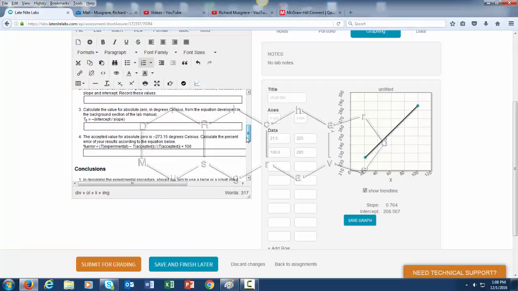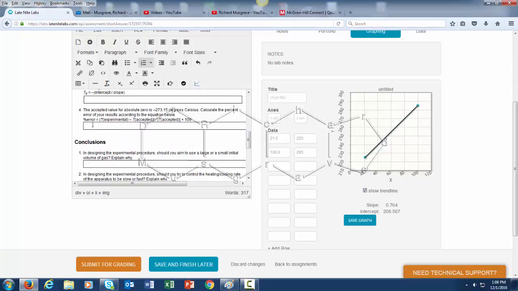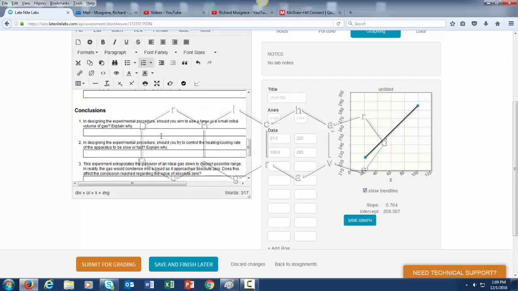I'm going to leave that to you. I think you can handle that. The percent error, you've got T experimental minus T accepted over T accepted. It tells you even here what the accepted value of absolute zero is, so you can just do the math on that and figure out your percent error. So your value should be pretty close to minus 273. It might not be exact, it probably won't be exact, and there'll be a small percent error that you're going to see here.